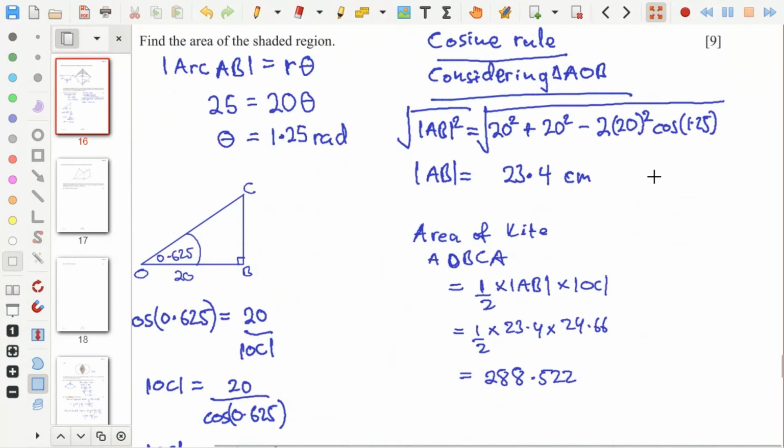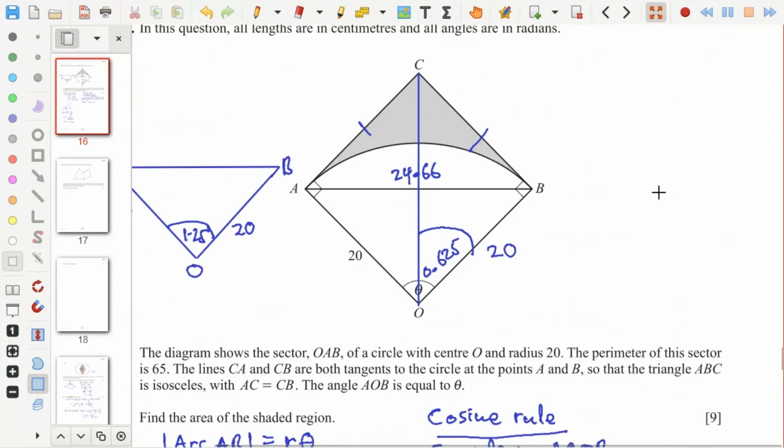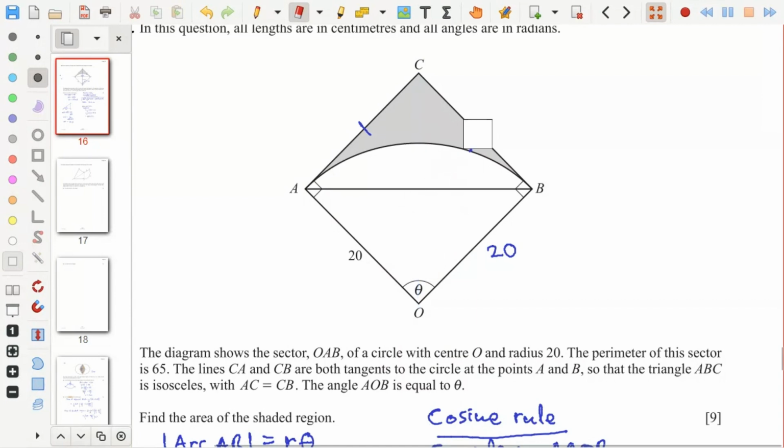Now, finally, it's left with the area of the sector. So I can find the area of this sector. Which sector are you talking about? You might have more than one.